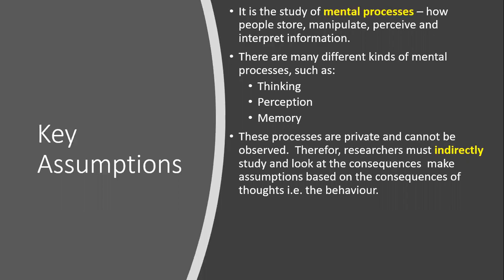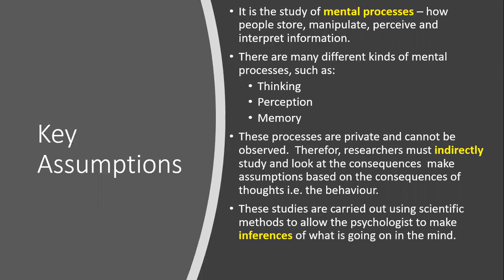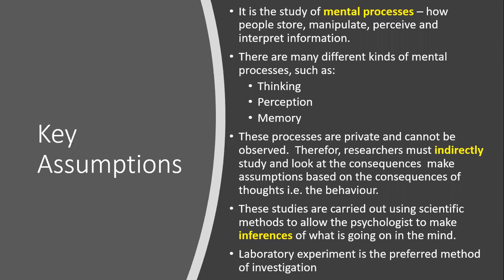So it's about finding ways to measure these internal mental processes that allows us to make these assumptions. And therefore, this research allows the psychologist to make inferences. Inferences are conclusions based on the evidence produced. So again, it's about using the scientific method in order to investigate.